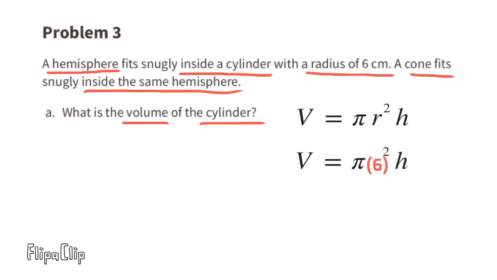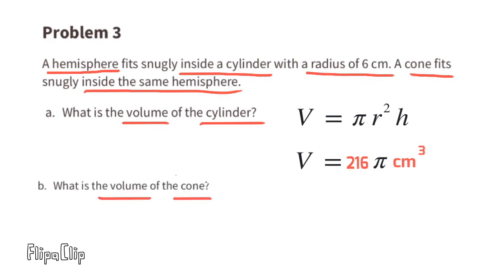So we can substitute the h with a 6. Since the order doesn't matter in multiplication, we can multiply the 6 squared, or 6 times 6, times 6. That gives us 216. So the equation now reads, the volume equals 216 pi centimeters cubed.